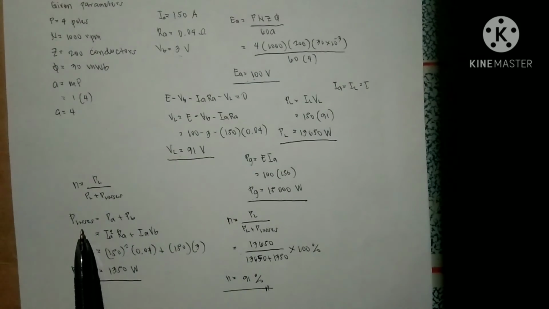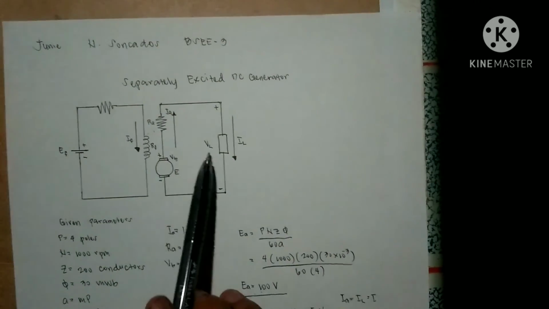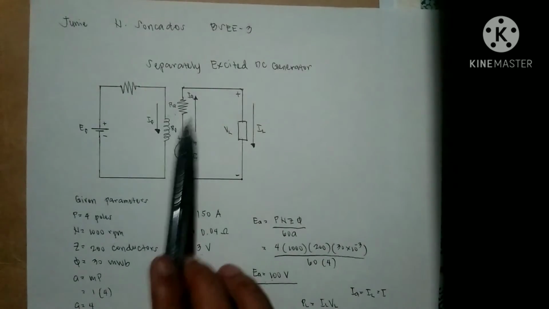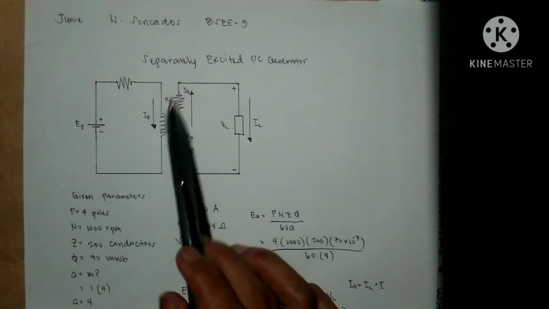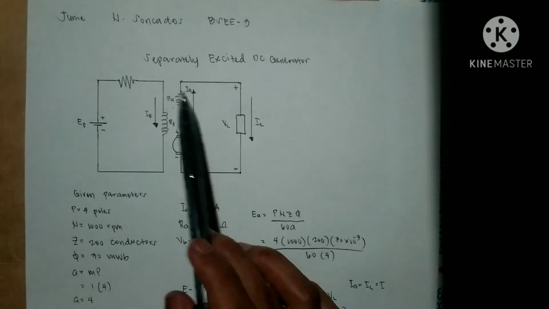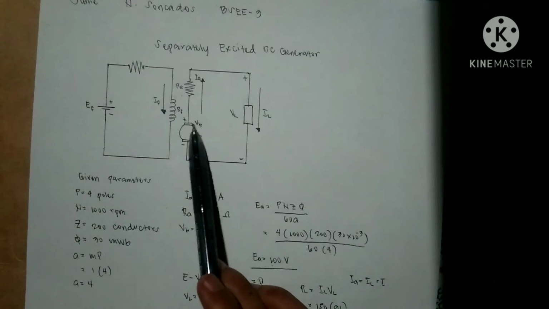Power loss is equal to PA plus PB, since there are losses in the armature as well as in the brushes.